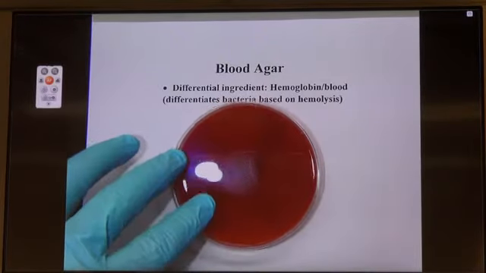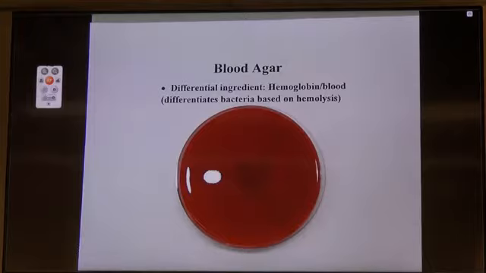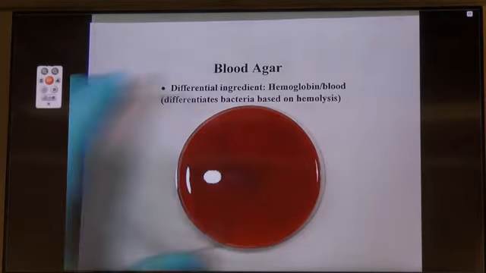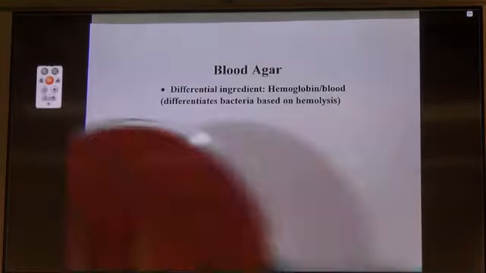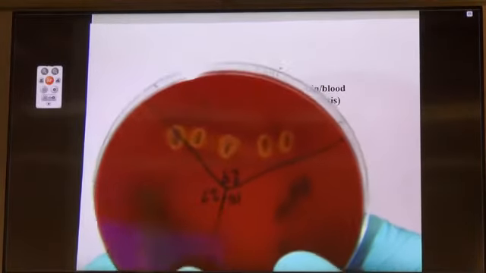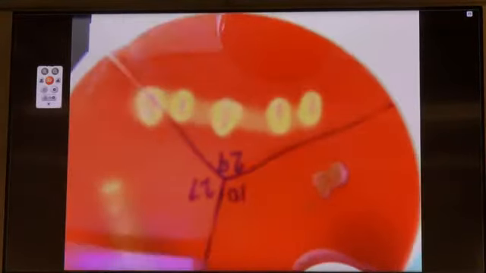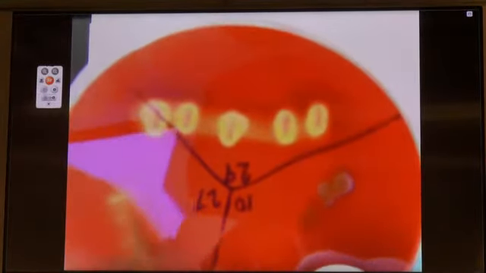Blood agar without inoculation. This is the plate which I'm not going to open, but I'm going to show you just like that. Here is section number 29. You should also look at it without opening.